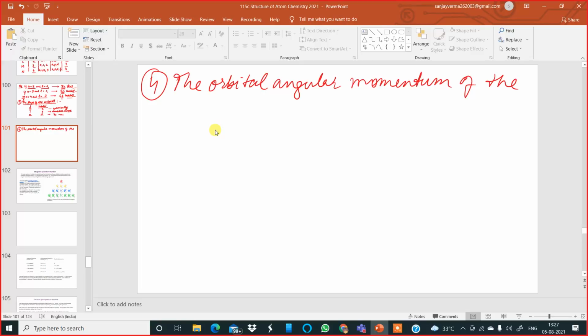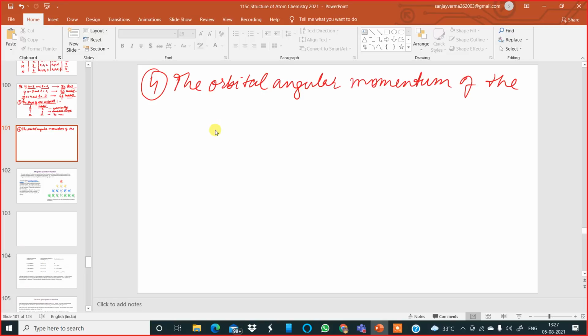Because electrons are moving in a circular, spherical fashion, in a cloud around the nucleus, like the movement of the earth around the sun, somewhat similar, not exactly the same.